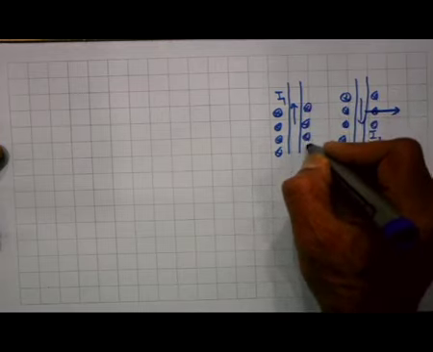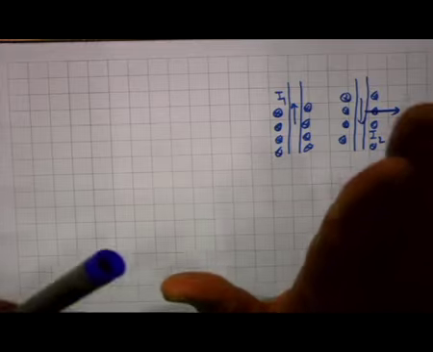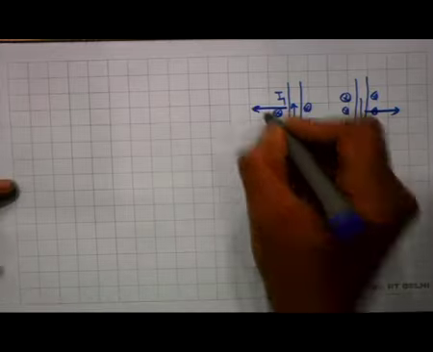You can use the right hand rule again, and you can see the force on this, V cross B, is in this direction.